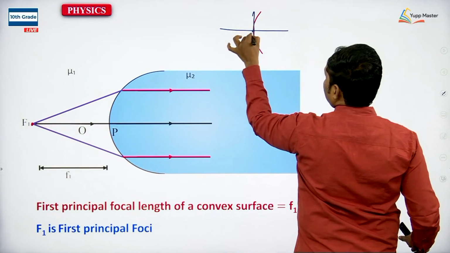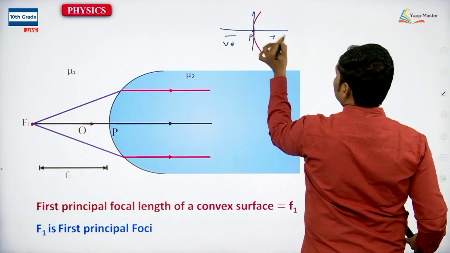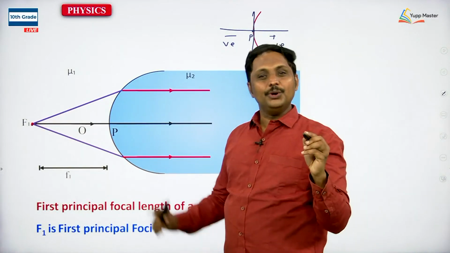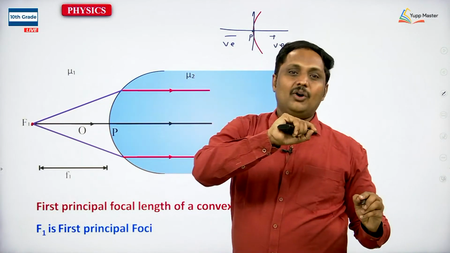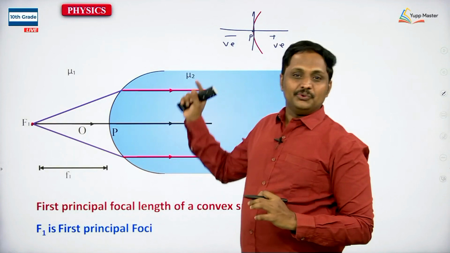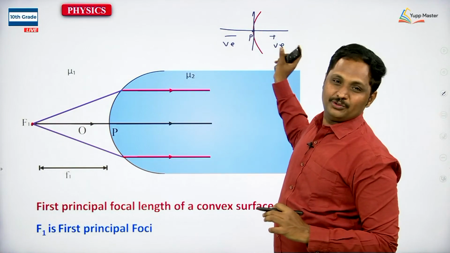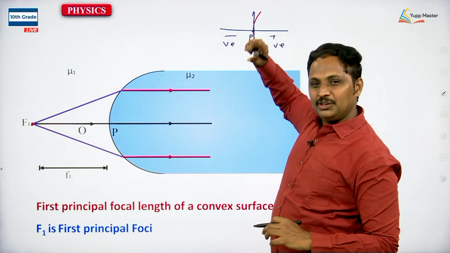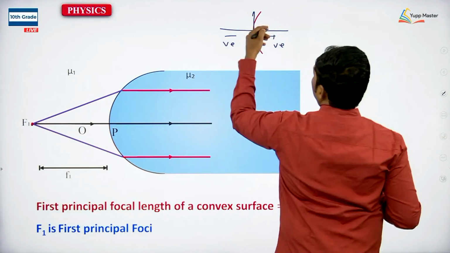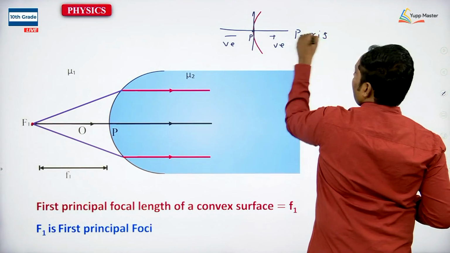So, this is going to be negative, this is going to be positive. You take the object distance and image distance with sign according to the new Cartesian sign convention, in the coordinate system, that is negative and this is positive. At the same time we take the height also in the case of magnification, the perpendicular distance. This is the principal axis, this is the pole.